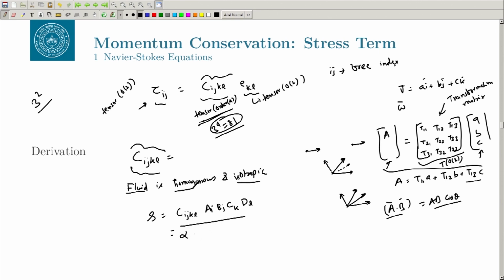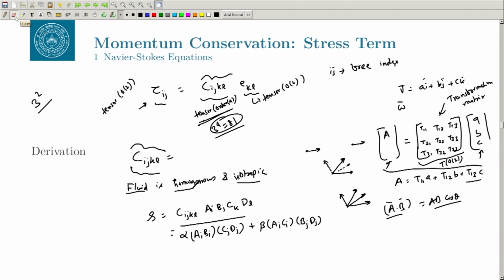So, this will be alpha a_i b_i and c_j d_j. Okay. So, we took A, B together and C, D together. Similarly, you can do beta: a_i, now you take c_i, and then b_j and d_j, right.